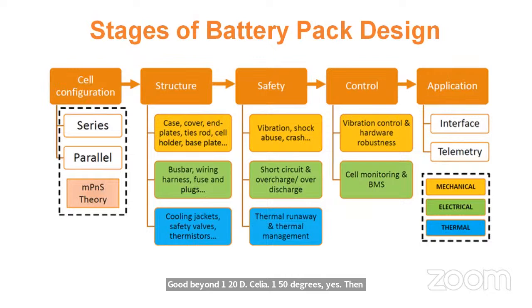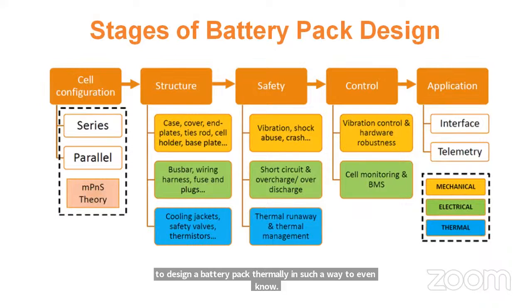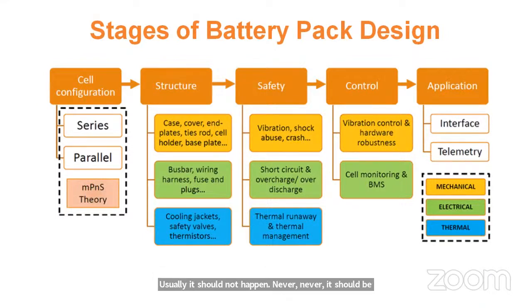Thermal runaway is an exothermic process in which the cell explodes and releases a high amount of heat. So thermal runaway could happen. For that reason, we have to design a battery pack thermally in such a way that, even though it usually should not happen, never ever it should happen, but suppose by chance it happens, then the passenger inside the vehicle should be safe from that.